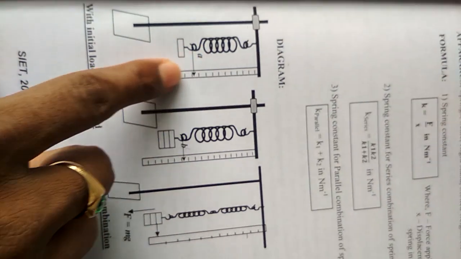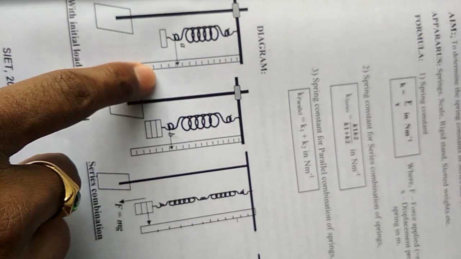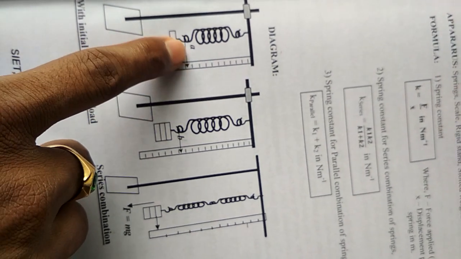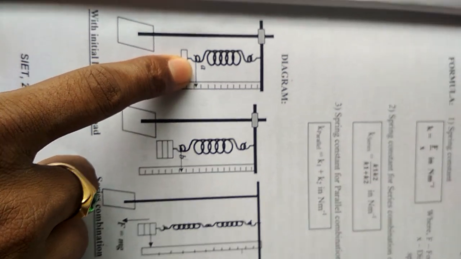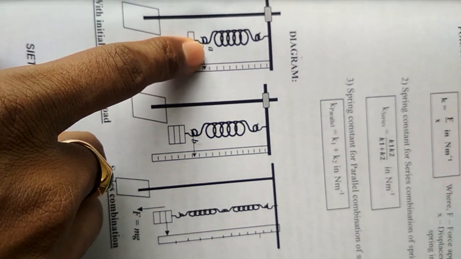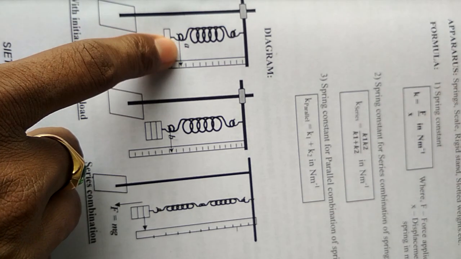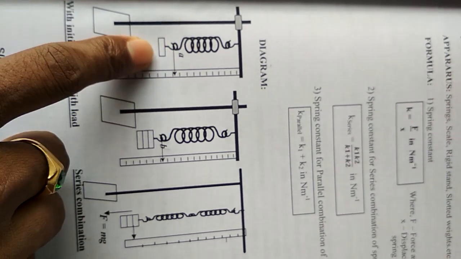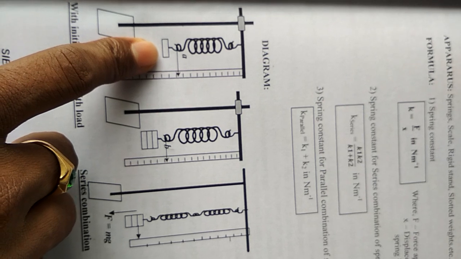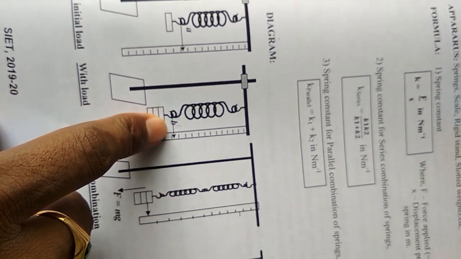For the initial load, whatever pointer reading we observe on the scale is represented by A, and the initial load is represented by W. Next, pointer reading B: when do we get pointer reading B?